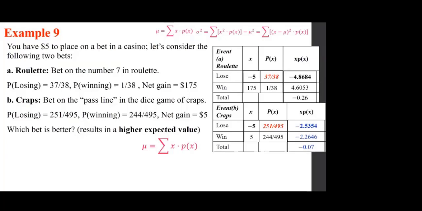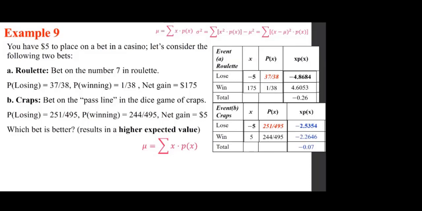That means the roulette has a total of negative 0.26 for the players as the expected value, and it has a positive 0.26 value for the house. Craps has a mu, or the expected value, of negative 0.07 for the players and positive 0.07 for the house.